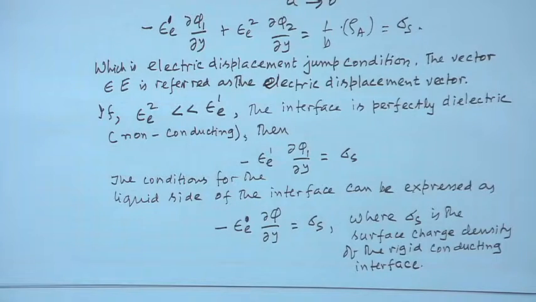There also we get the potential condition as zeta if we have a conducting situation. For example, if the interface is conducting, we can say that the potential is constant on the interface, and we can write this as zeta.